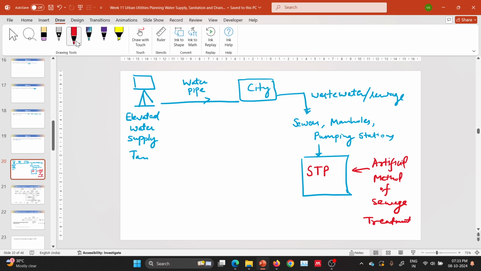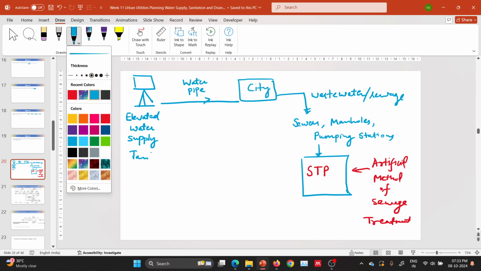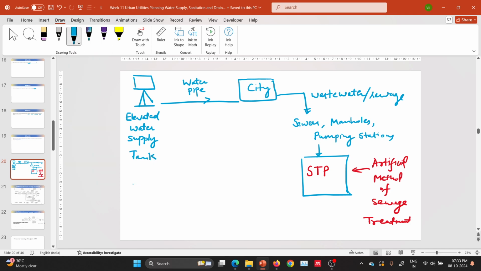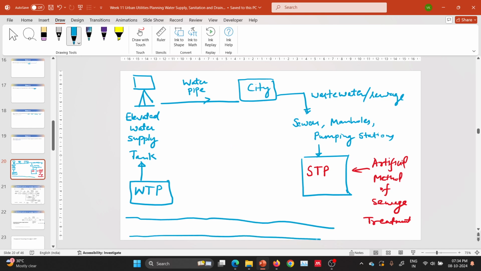And here if you can see, this is the tank. Here, this is the water treatment plant. From the water treatment plant, the water is being supplied to the elevated reservoir, the elevated water supply tank, and then it goes through pipes. So this is the whole scenario. Here, let's take this as the river.